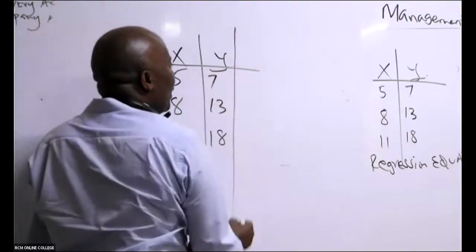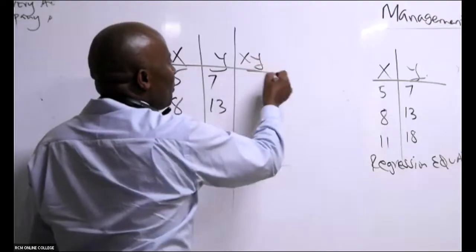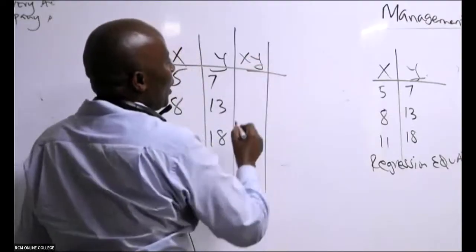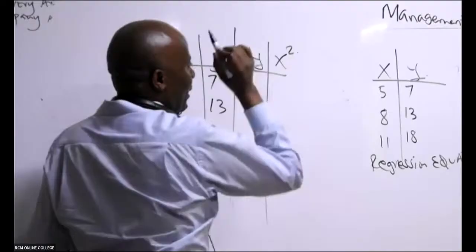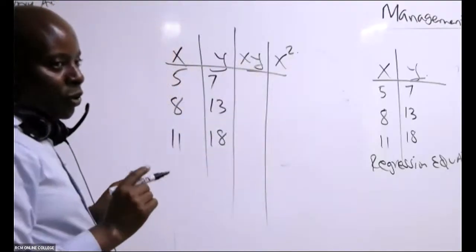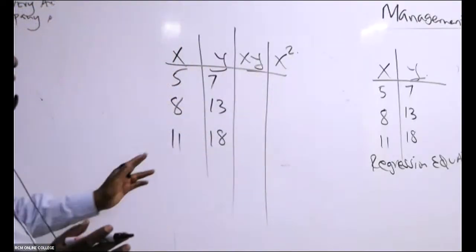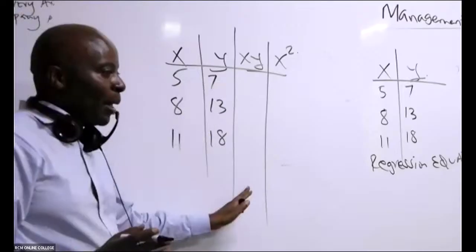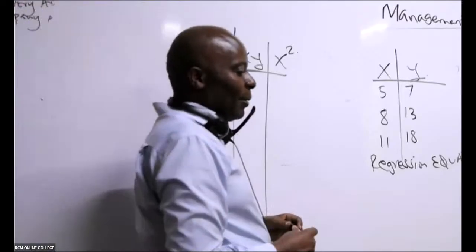What you need to do is create 2 extra columns. The first column will be xy, and the second column will be x squared. Those 2 columns are very important. Kindly create them and fill them up.